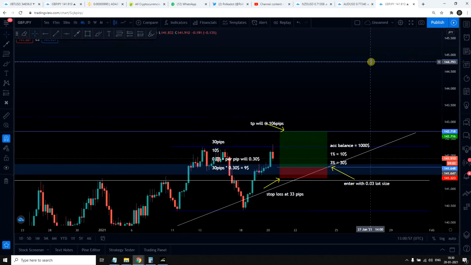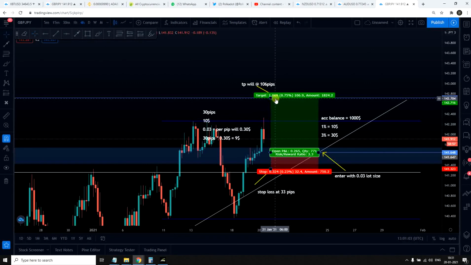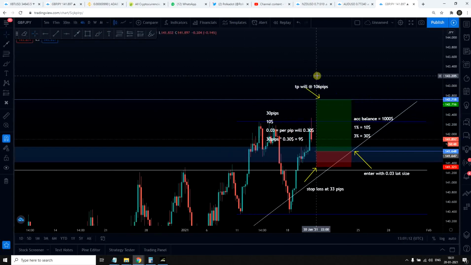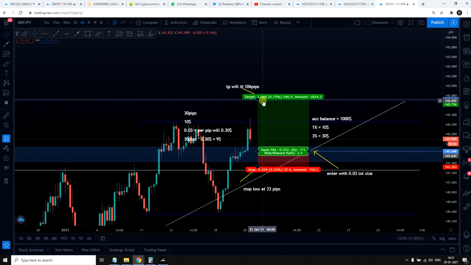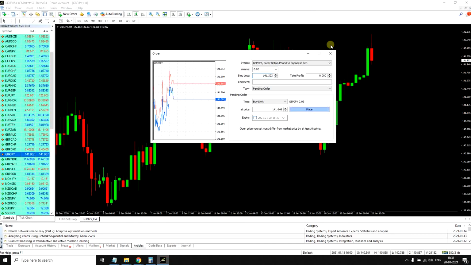As you can see, this is a long-term target, but before that I'm going to book my short-term take profit at this level, because this will be a second tap as per the previous high in a monthly time frame, right? So I need to book my take profit at this level. After tapping this level, market can come down. That's why I am going to book my partials or the whole profit at this level. So the take profit level will be 142.718.